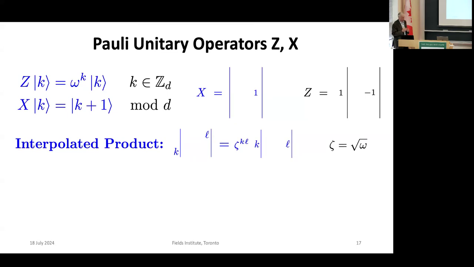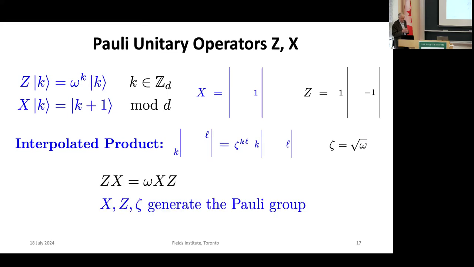And the interpolation takes the square root of that phase when the two are on the same level. So Z times X is omega X times Z, and the X, Z and this constant zeta generate what's called the Pauli group.